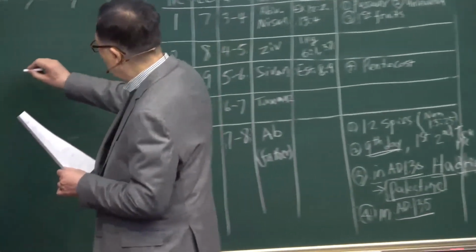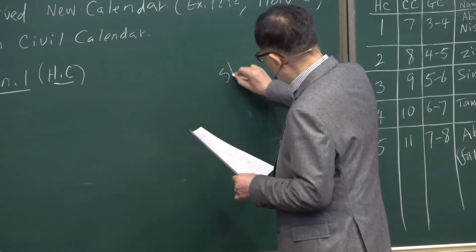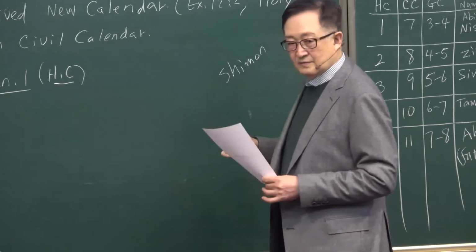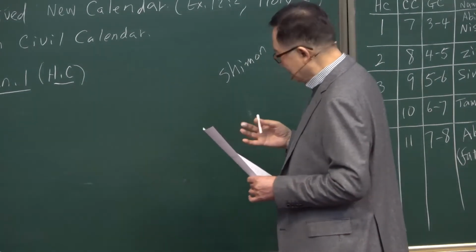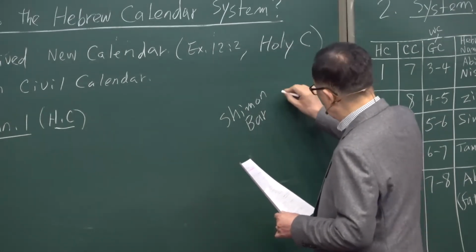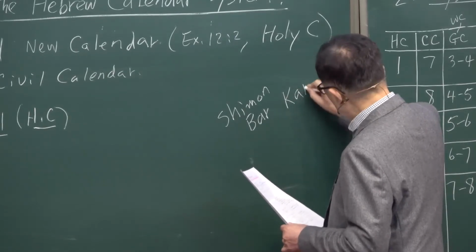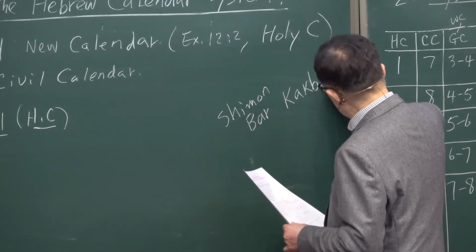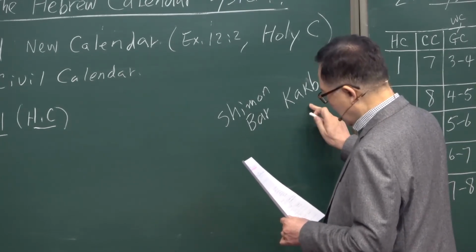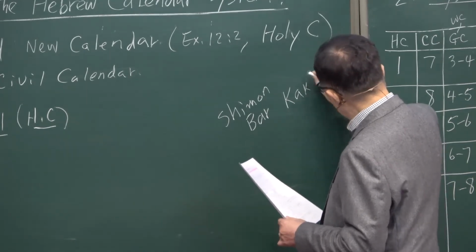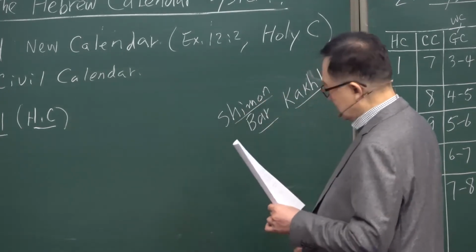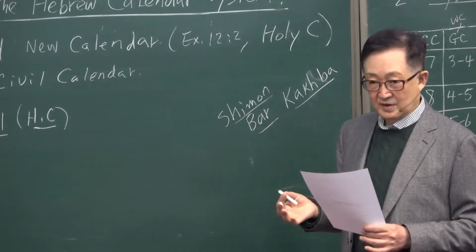In AD 135, a very famous man, Shimon Bar Kakba, is a very well-known Israeli general.